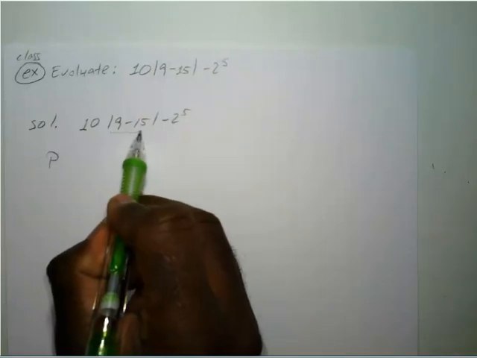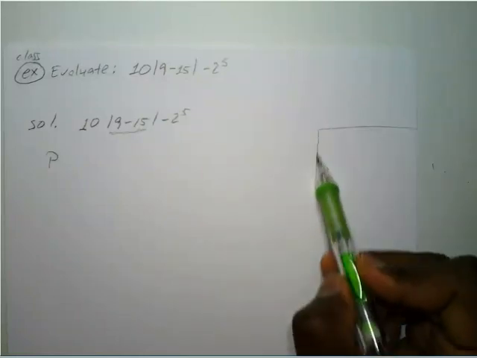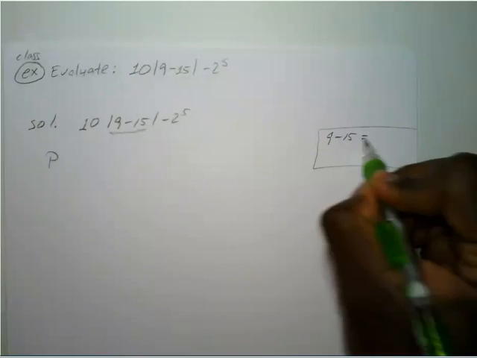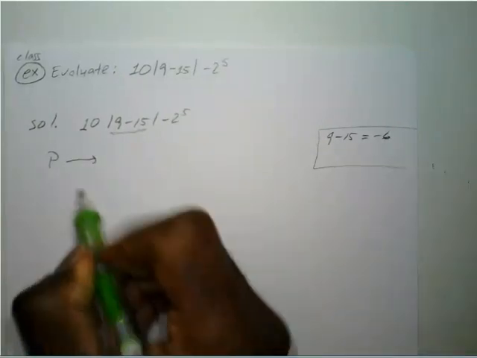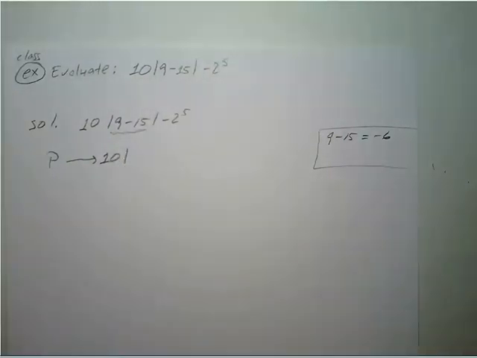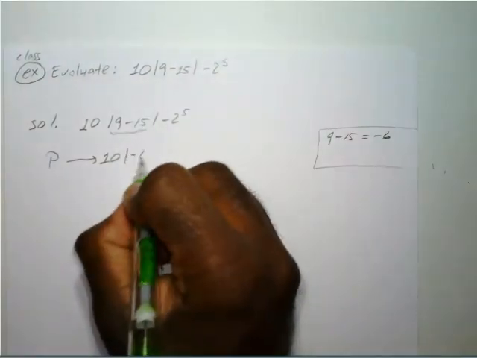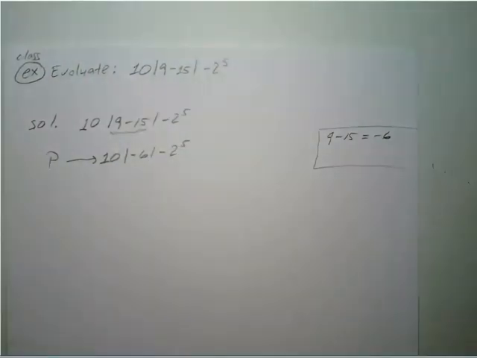So the only thing inside of a grouping symbol is our 9 minus 15. Okay, so 9 minus 15 is equal to negative 6. So this becomes 10 times the absolute value of negative 6, minus 2 to the 5th power.